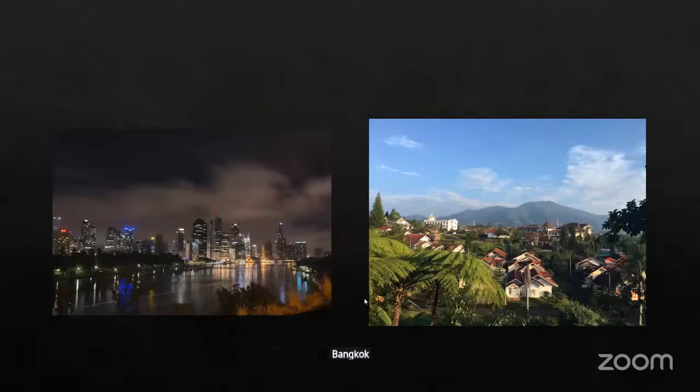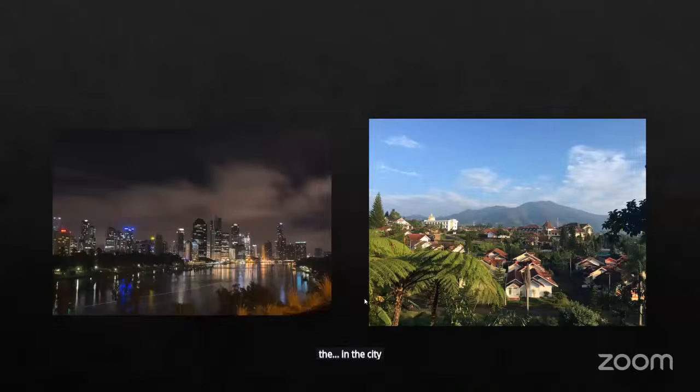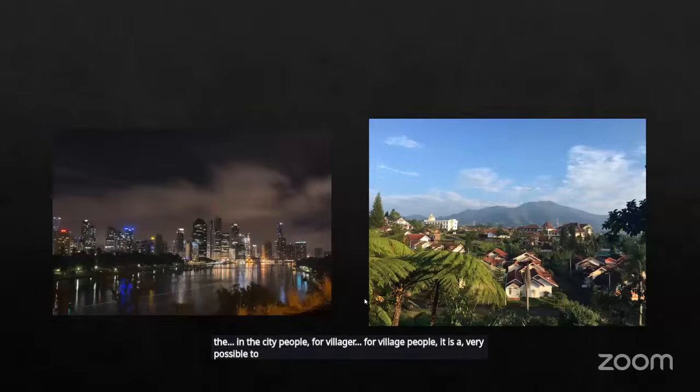In the first picture, the sky is very blurred. Due to the pollution, health and peace may not be possible for city people. For village people, it is very possible to enjoy clean air and be peaceful, sir. This is my observation, sir.